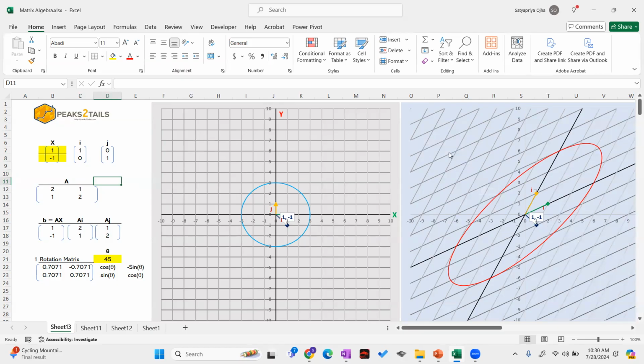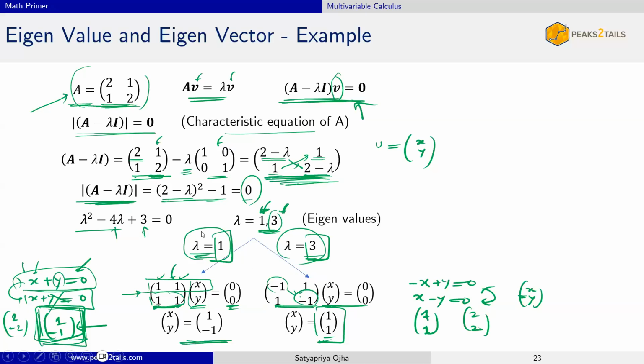But what is the scaling factor here? Scaling factor is 1, because 1, minus 1 multiplied by 1 is the same, 1, minus 1. And that is lambda. Lambda equal to 1.